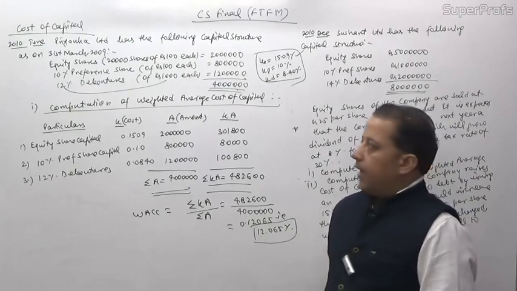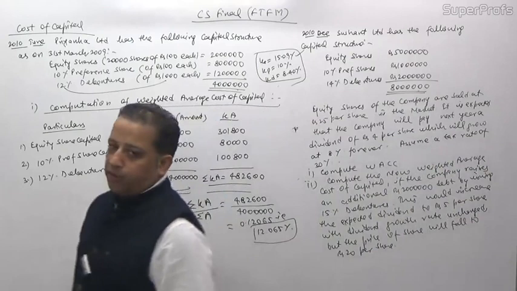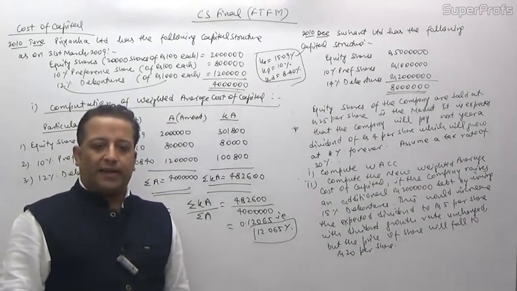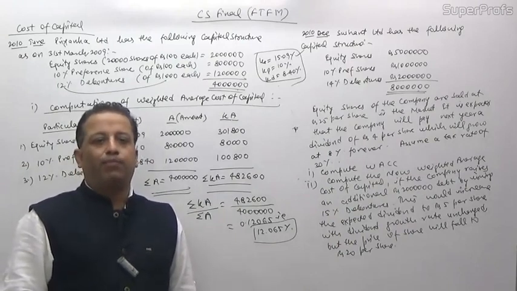In the second part of the question, the company wants to borrow rupees 20 lakh for its expansion at the rate of 15% per annum.